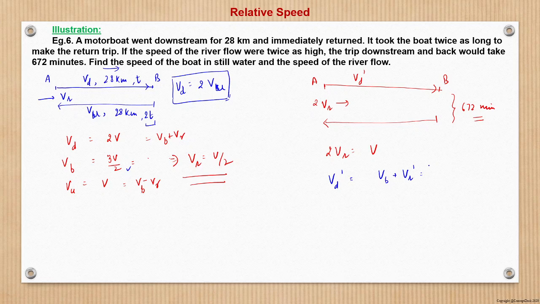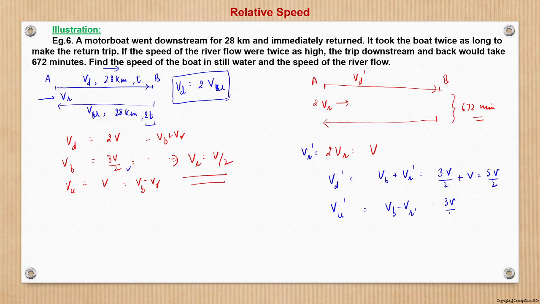I mean the velocity of the boat remains the same. So that will be 3V by 2 from here, plus Vr dash, the new velocity of the river 2Vr, which is V. So this becomes 5V by 2, and the new upstream velocity in the second case becomes Vb minus Vr dash.